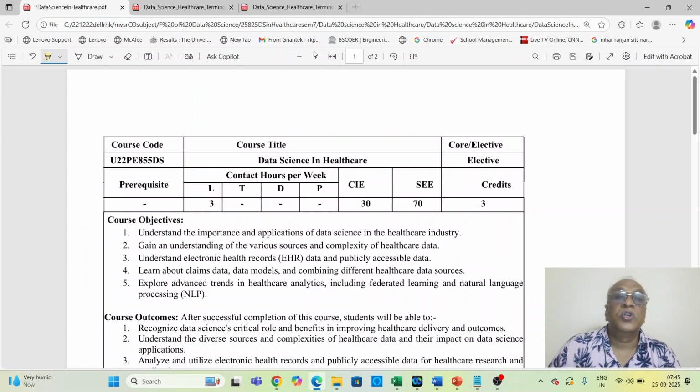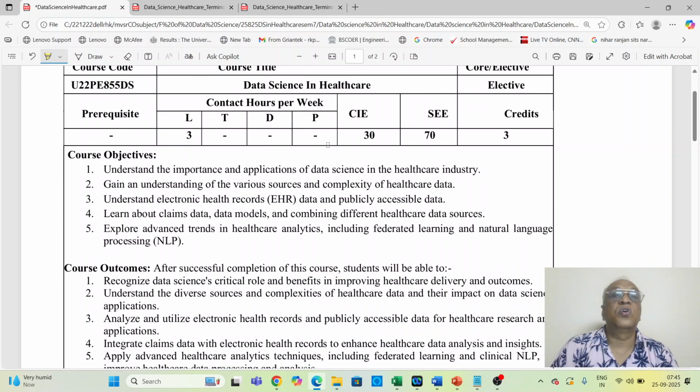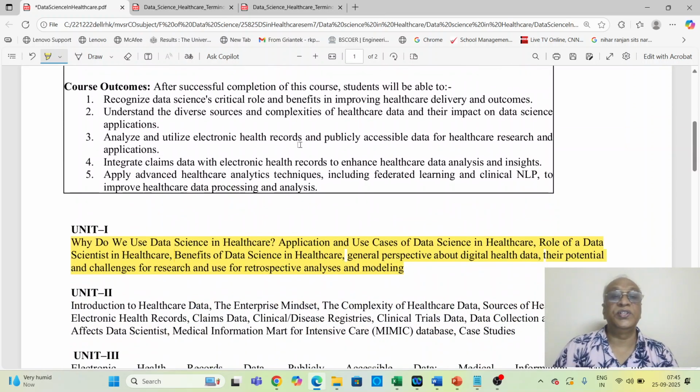So first we'll try to focus on the terminologies which, if we go through, we may be able to connect with these topics of unit 1.